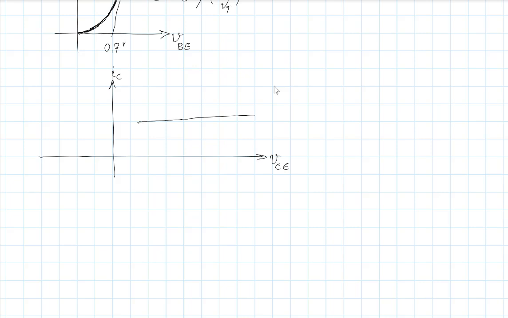Okay, it's not perfectly flat. Flat would be ideal, but it's not. And then you have the saturation here. And like we said, this saturation starts at around 0.3 volts of collector-emitter voltage. Now, this was for a given VBE.